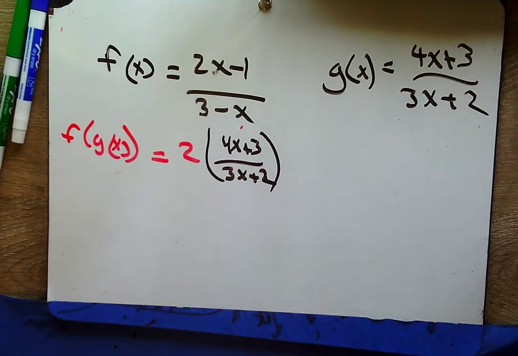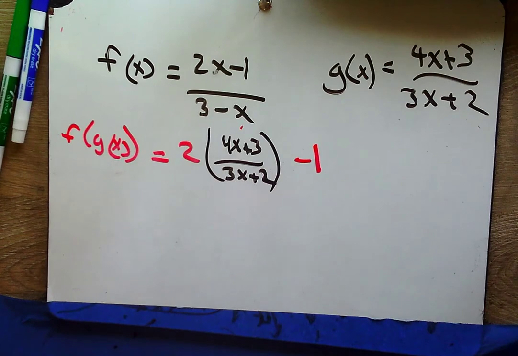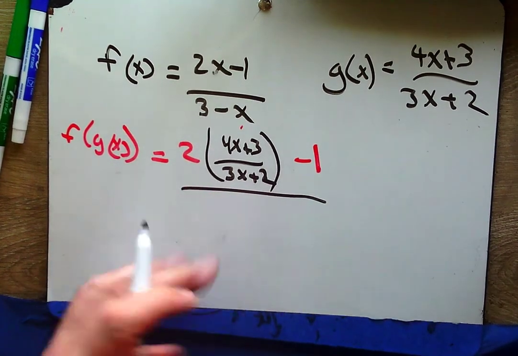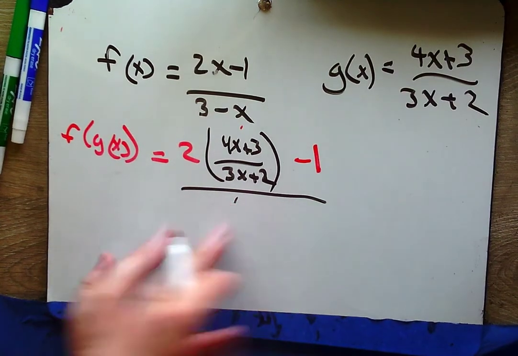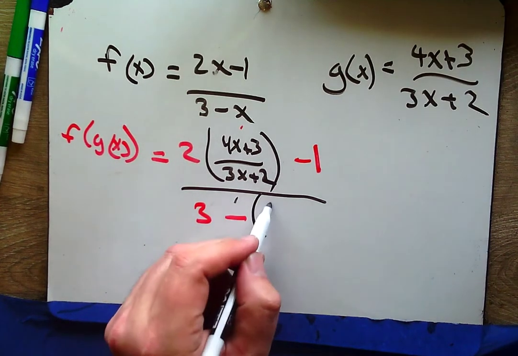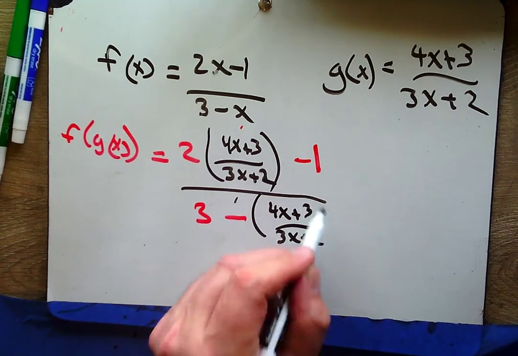And don't forget that minus 1 also up there in the numerator. And then in the denominator, I've got 3 minus, and instead of that x, I'm putting in all of g of x. 4x plus 3 over 3x plus 2.